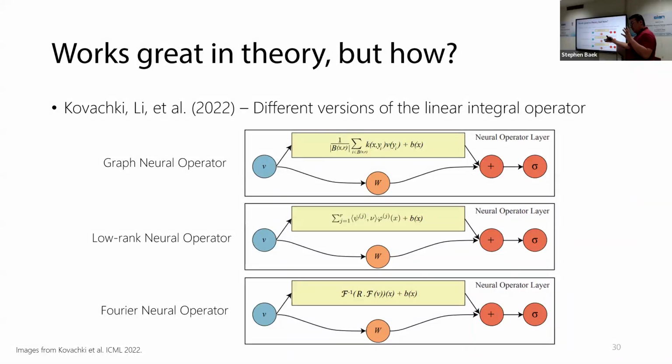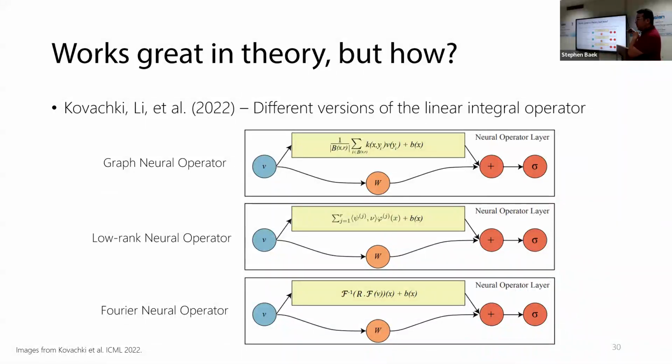As a matter of fact, the integral of the kernel function convolved against a given function, if you send it to Fourier space, becomes nothing more than a dot product between Fourier coefficients. So they propose these three different methods to implement the neural operator and make it work in a continuous setup. In today's class, we're going to focus on the Fourier neural operator.